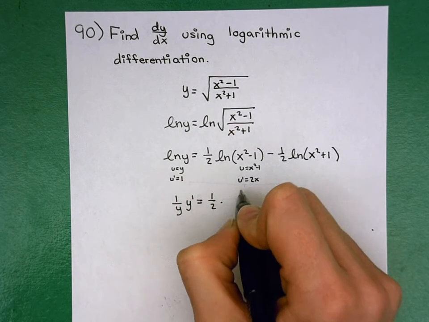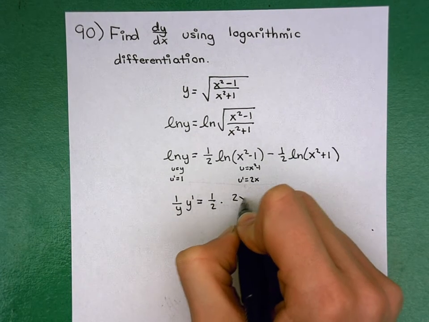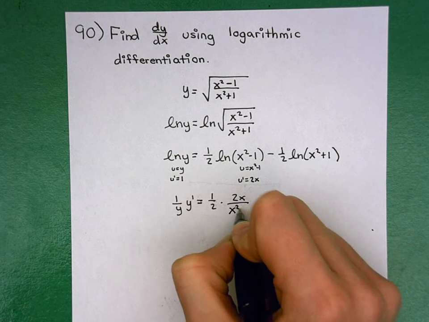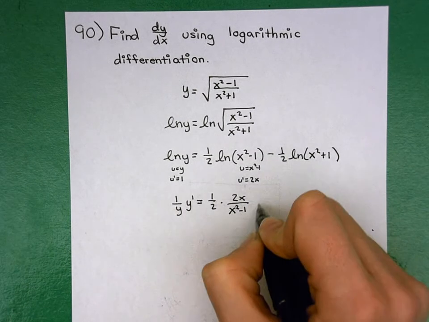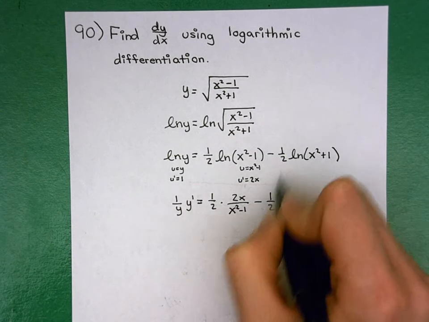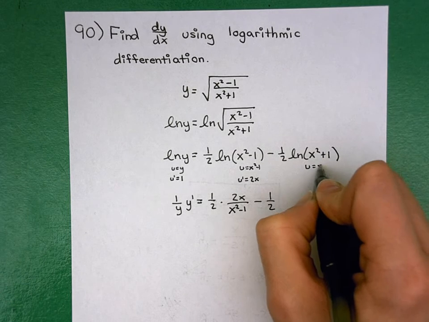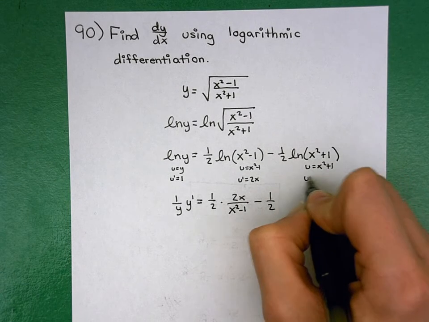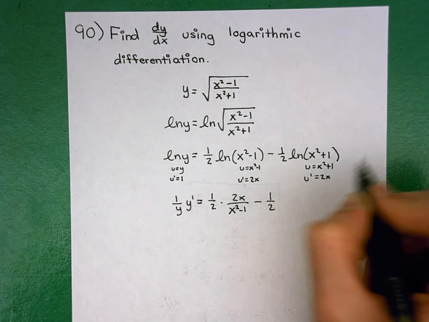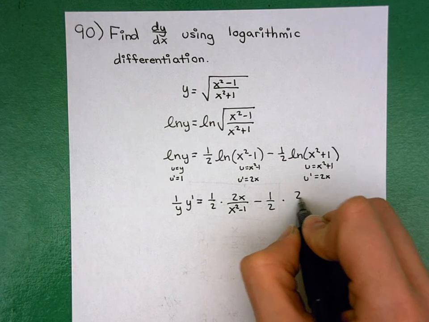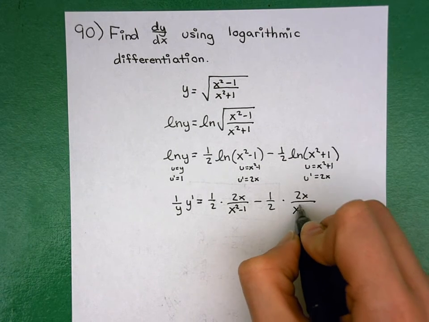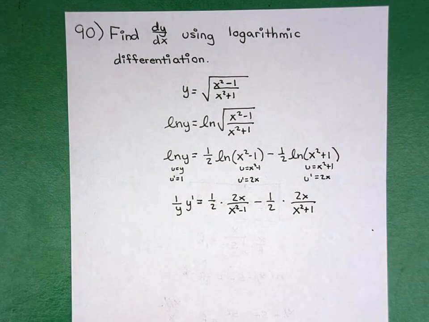So we have 1/2 times u prime over u, 2x over x squared minus 1, minus that 1/2, and then again u is x squared plus 1, u prime is 2x, so u prime over u, 2x over x squared plus 1.